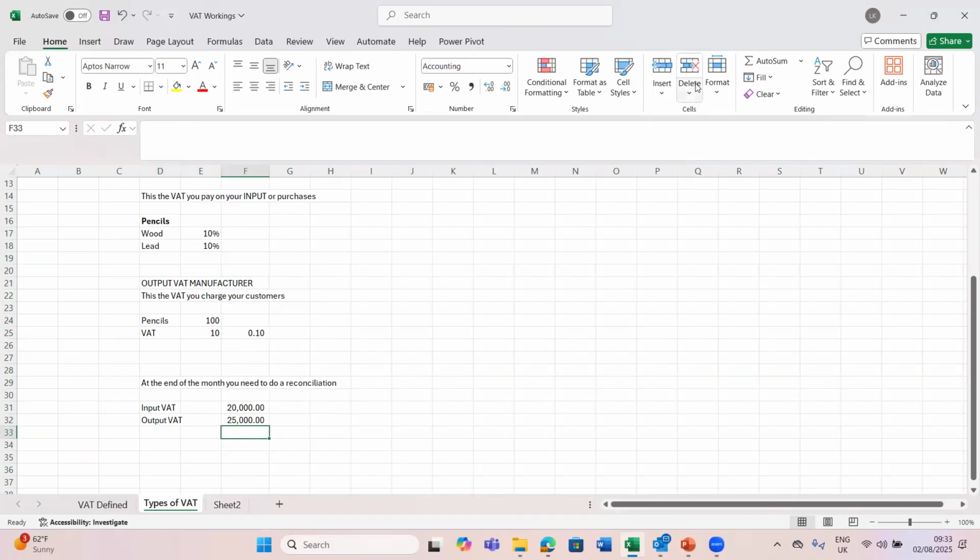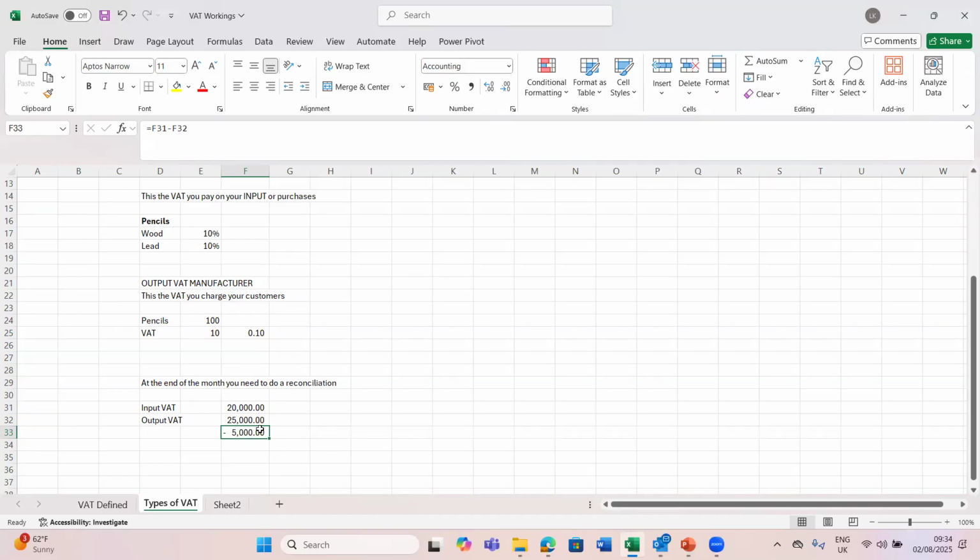So what will happen to the difference? Ideally, the difference is supposed to be zero. But since there is a difference of 5,000, it means you have collected more VAT from your customers than what you have paid on your purchases or to your suppliers in your value chain.